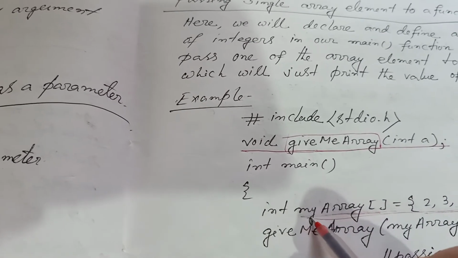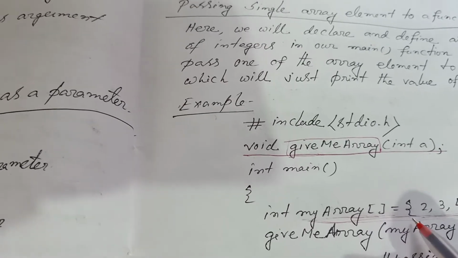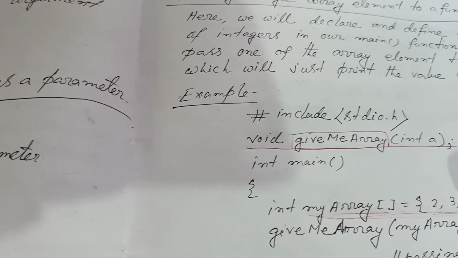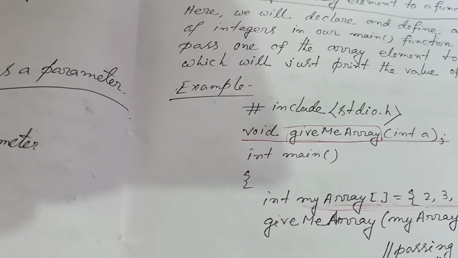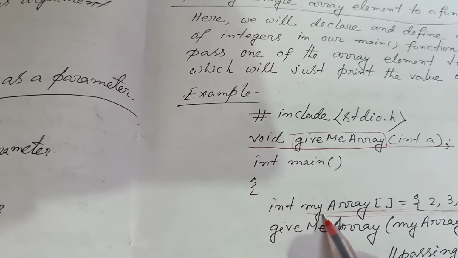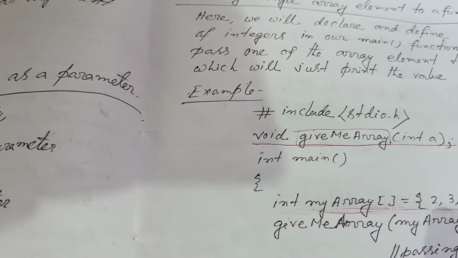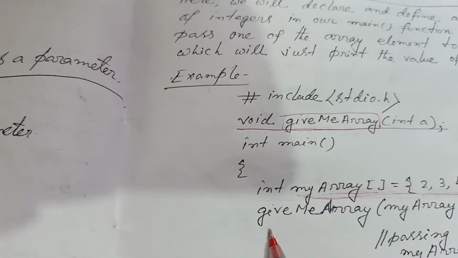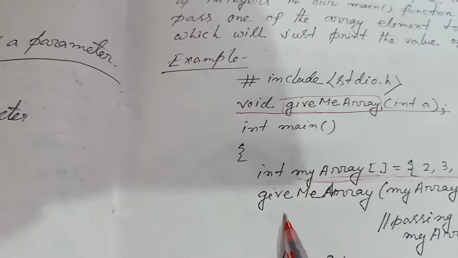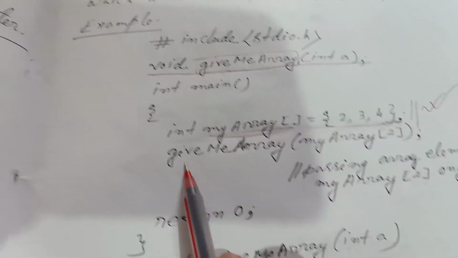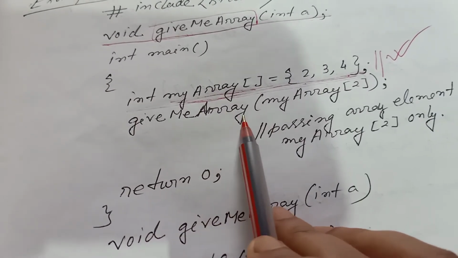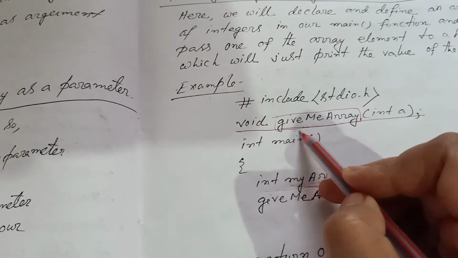In the array chapter we have seen this kind of declaration is possible, so we are giving this kind of array declaration in the main function. Next, give me array. Here we are calling the user defined function give me array.